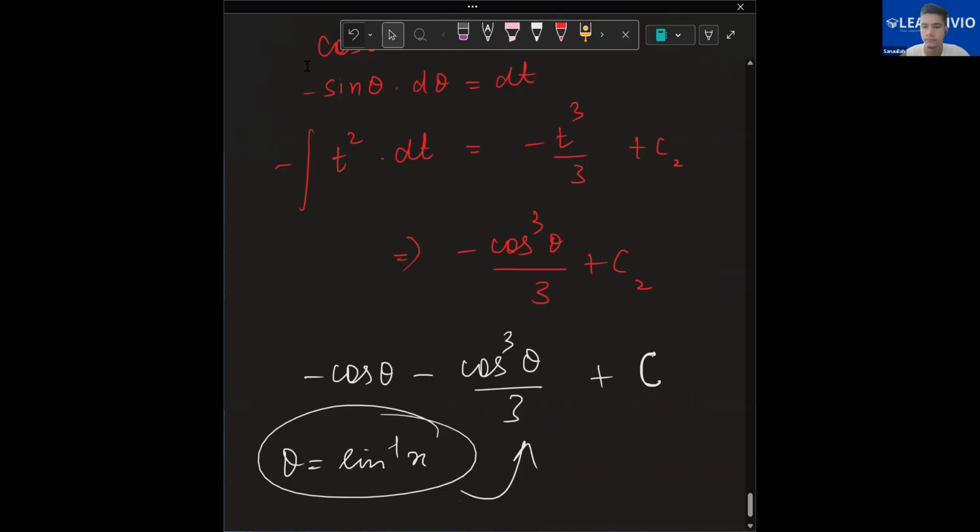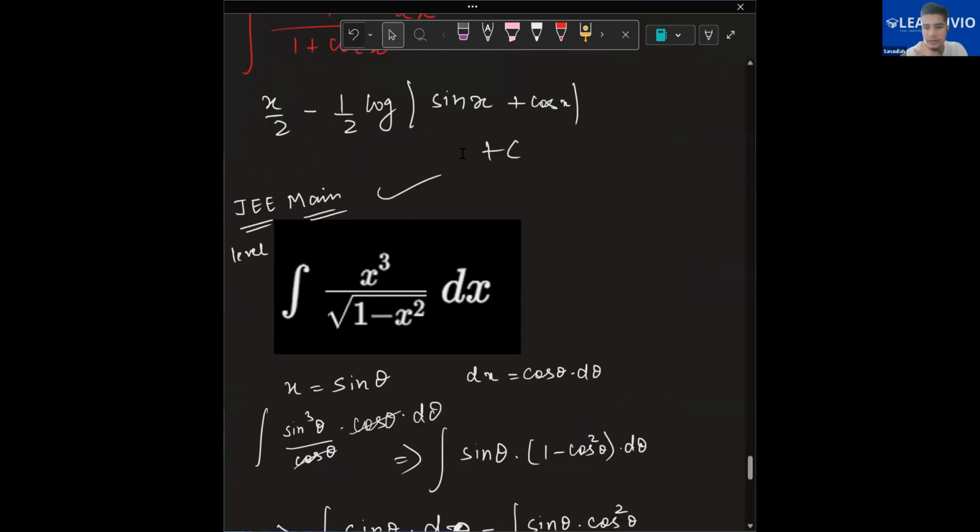So why are we using sine and cos for this question? How will you eliminate this? See, you don't know how to integrate by parts. Otherwise, you can do it like x cube को आप कुछ और मान लेते हैं and 1 upon under root 1 minus x square. We have a formula for that.